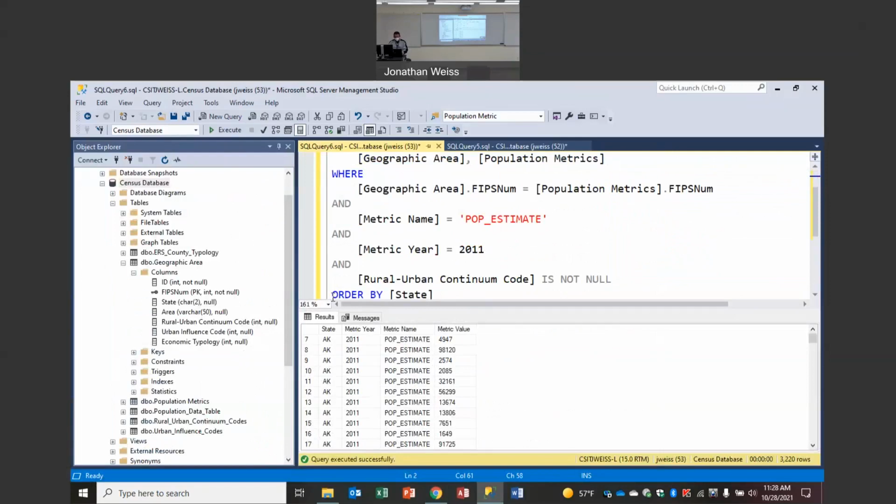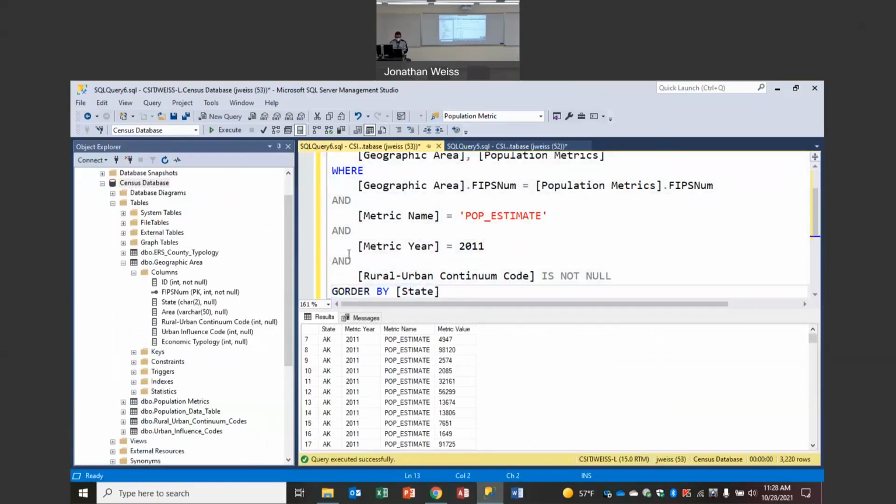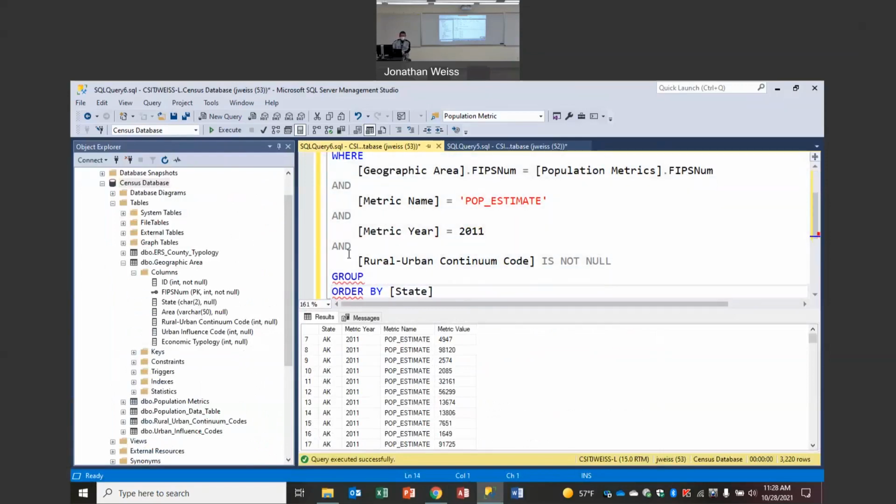What do we need at the bottom of this if we're doing a sum? What is a sum? A sum is what kind of function? Anybody remember? Yeah, it's an aggregate function. That means it combines values from multiple records.